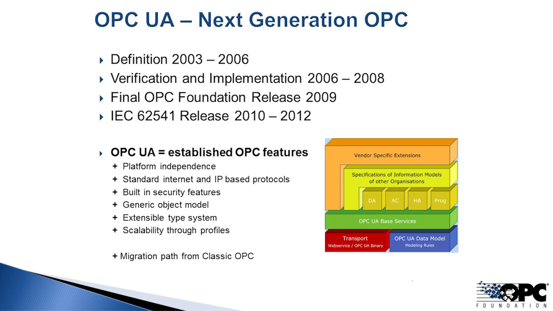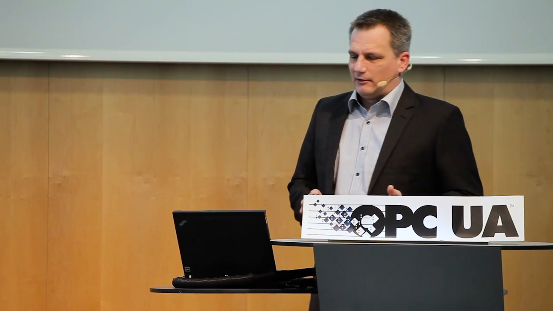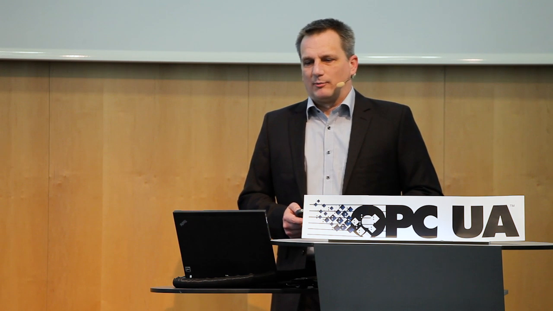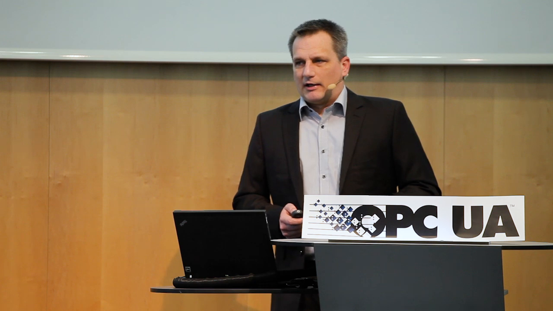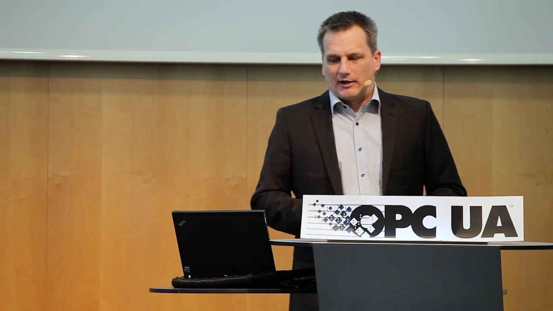And then there was a verification phase where we tried to implement what was specified to see if it's actually doable in writing the technology in code. And the final release of the specification was then in 2009, and that was the time the first products showed up on the market. And now the OPC Unified Architecture is also an IEC standard, so it's an international standard, and that was released in 2010.